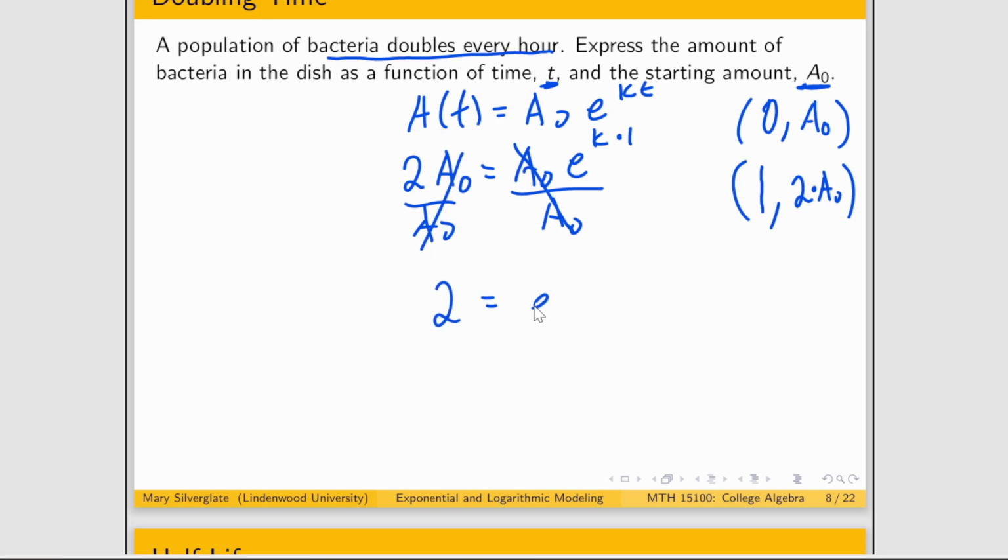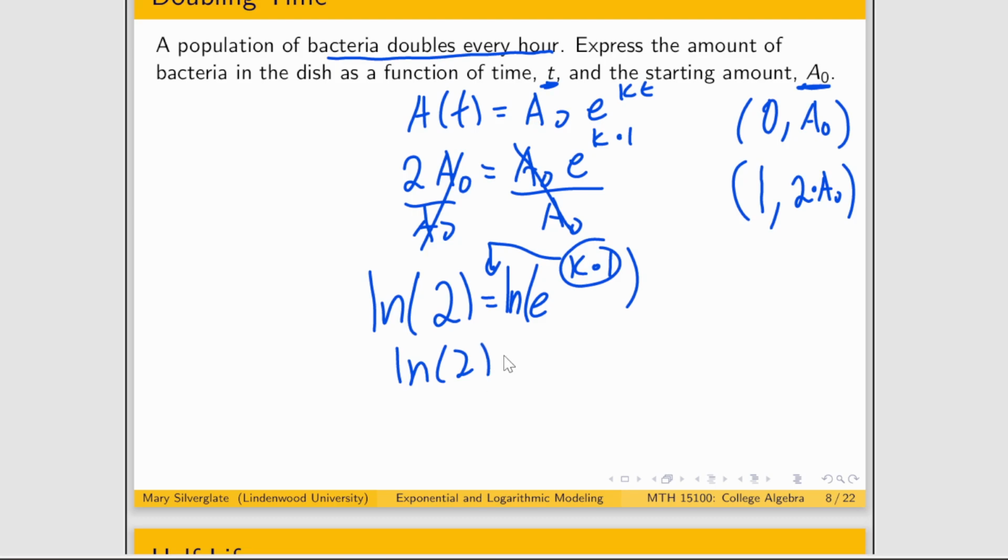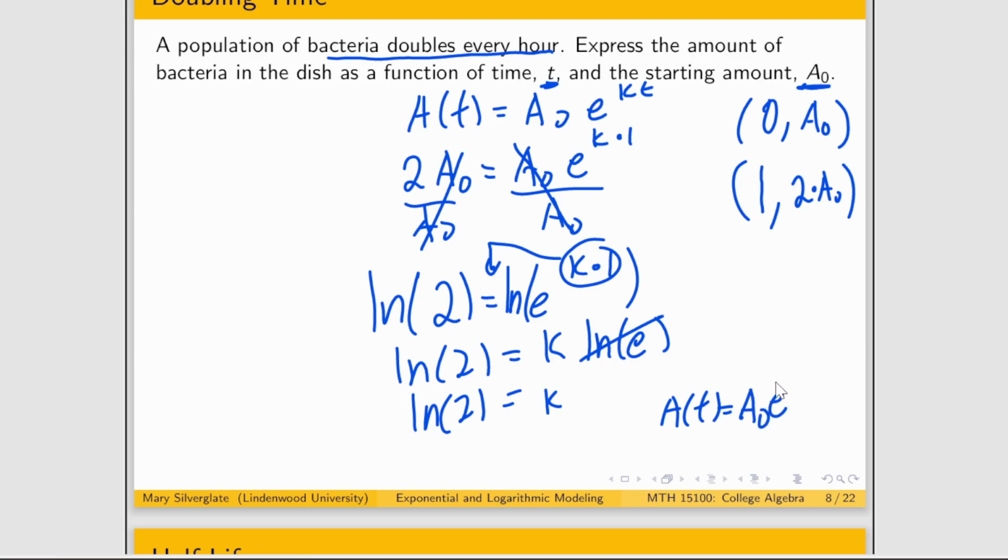So then I have 2 is equal to e to the k times 1. I can still natural log both sides. That moves k times 1 out front, so natural log of 2 equals k times 1, which is just k. The natural log of e is still 1. And I still get k is equal to the natural log of 2. So what the literal starting amount was actually did not change how I ended up solving for k, which I actually think is kind of cool.